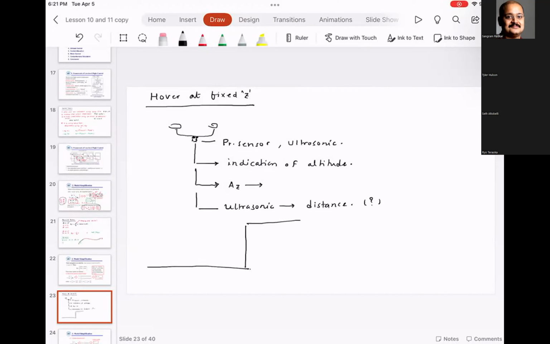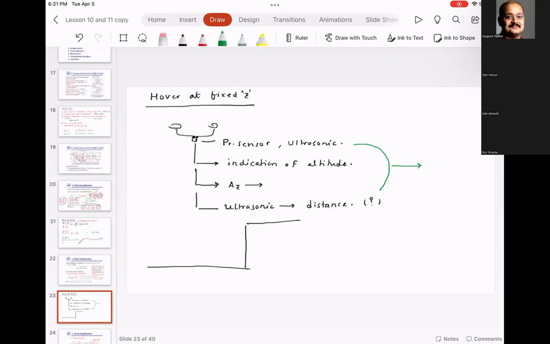So what you want to do is come up with some type of an algorithm that would fuse the pressure sensor and ultrasonic sensor. What type of algorithm would you use for fusing them?